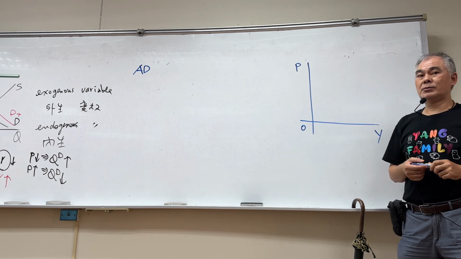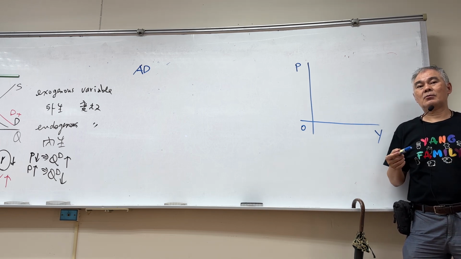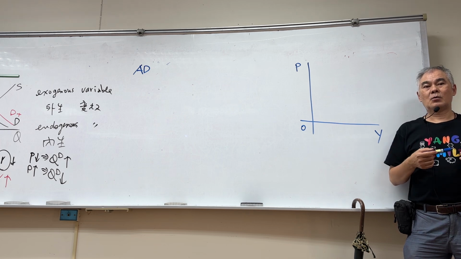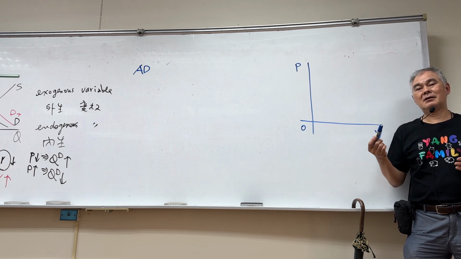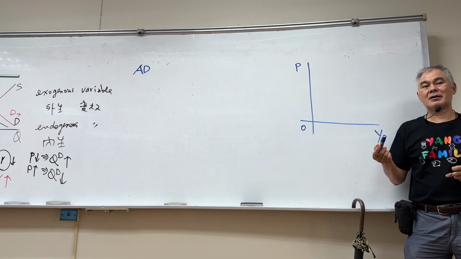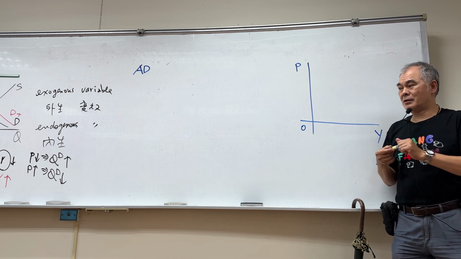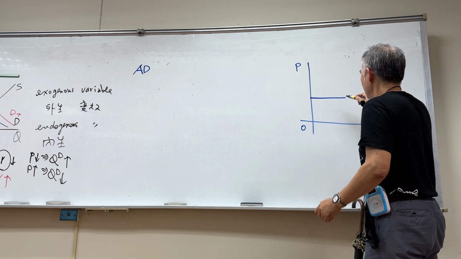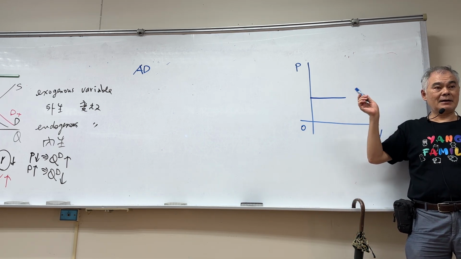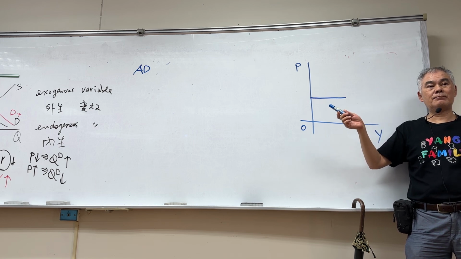According to John Maynard Keynes, his idea is that what you actually need to increase production is to increase demand. In his time, there was the Great Depression, so the economy was really bad and unemployment was really high. In this case, the supply curve is flat, so if you increase demand, you will not increase the price level.